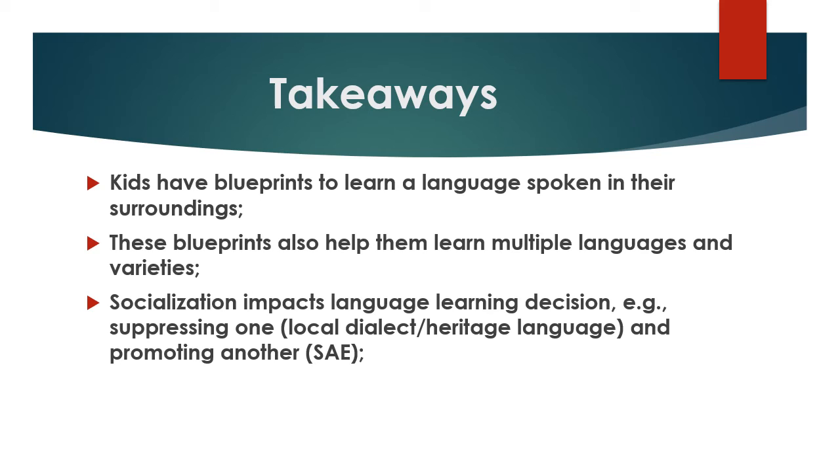But our socialization impacts our language learning decision, like suppressing one and promoting another. A lot of immigrant families tend to lose their home language because they're pressured by the outside forces to learn only English and forget the one that they speak at home.